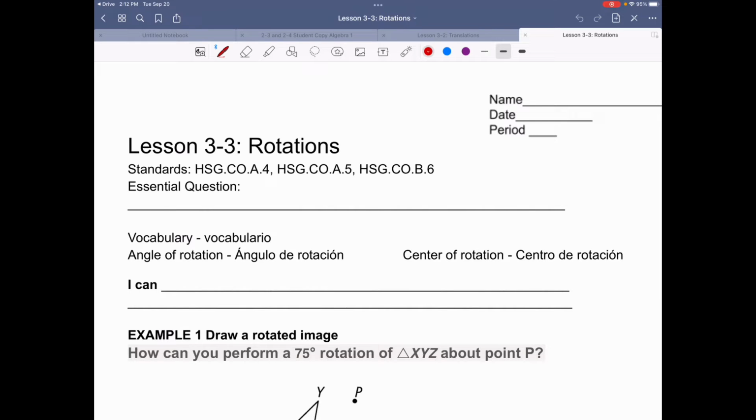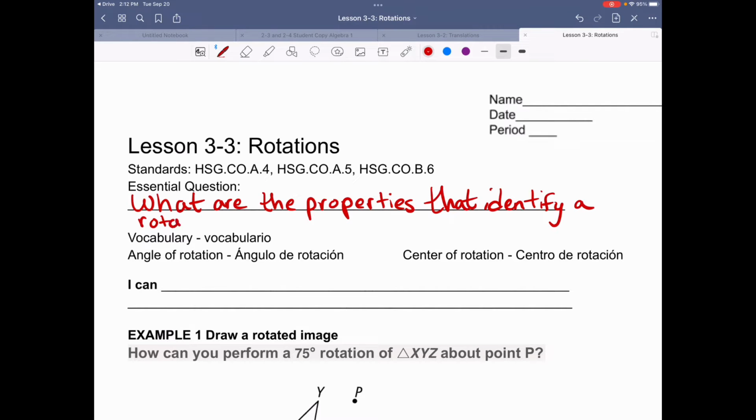Your essential question for today is, what are the properties that identify a rotation?